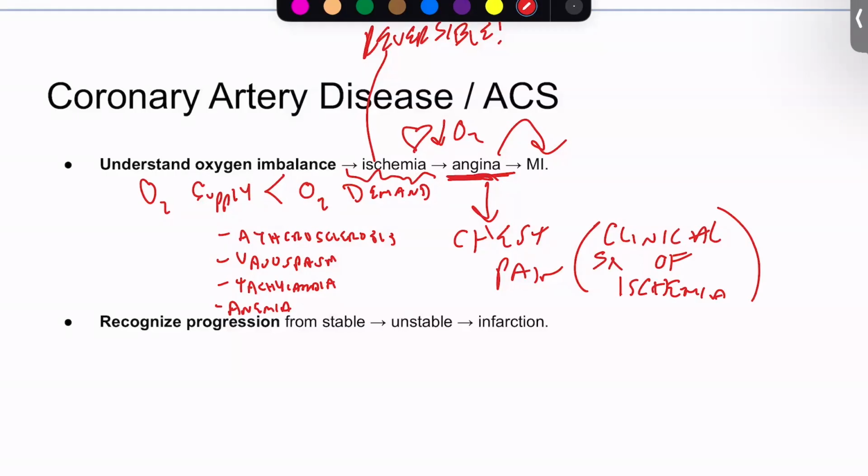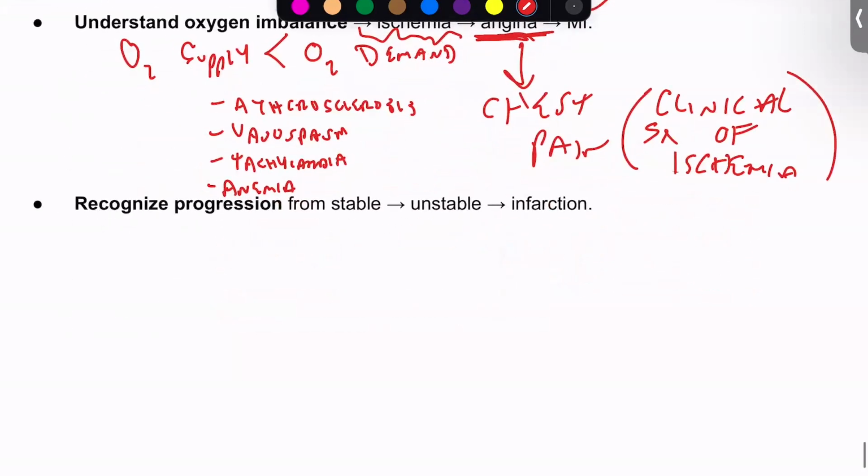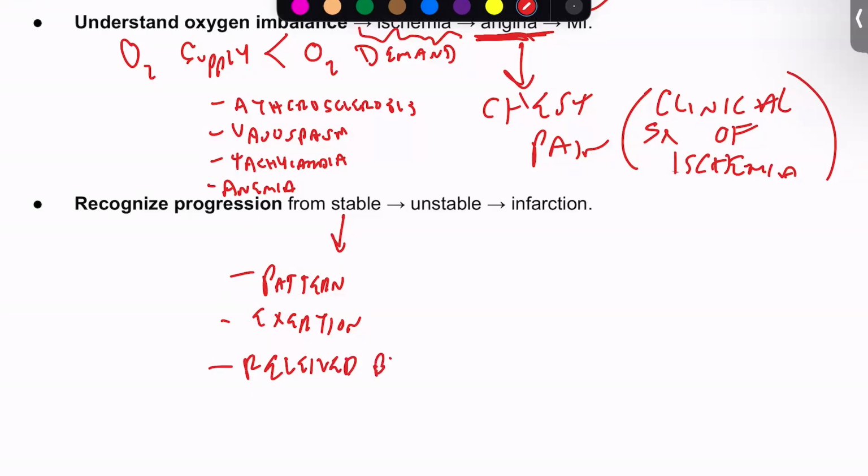And so the progression, we go from stable angina. So this is where we have our predictable pattern. Typically going to be triggered by exertion. Remember, we can relieve this by rest, and if not rest, at least nitro.